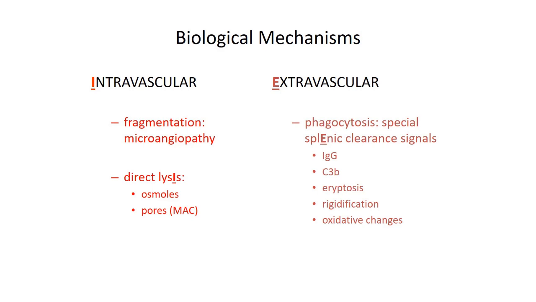Now, there is also eryptosis to consider. This is a unique term relegated to erythrocytes. They can't use the word apoptosis because there is no nucleus and therefore no nuclear program for cell death.